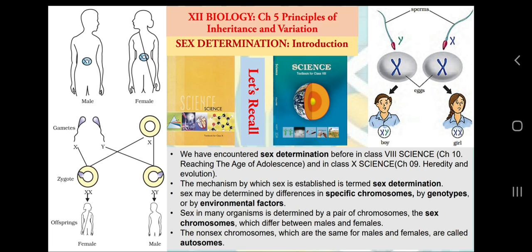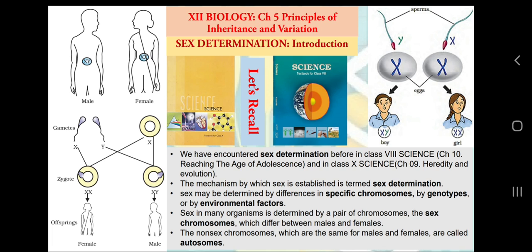It means when a zygote forms by the fusion of sperm and egg, as we have studied in unit 1 chapter 3 human reproduction. There we only studied the process of reproduction, how a child is formed, how a zygote is formed, but we never studied what that child is going to be in the future, either a girl or a boy.